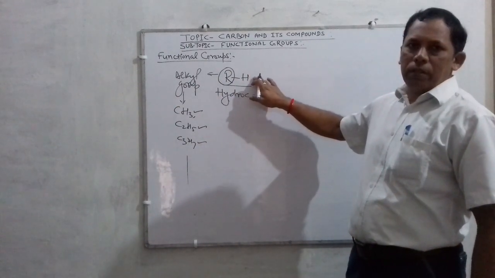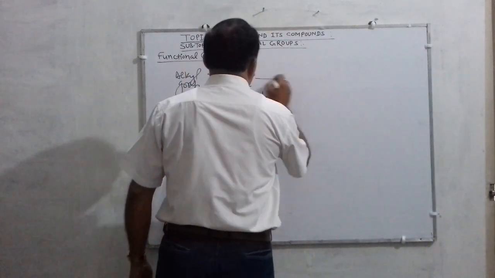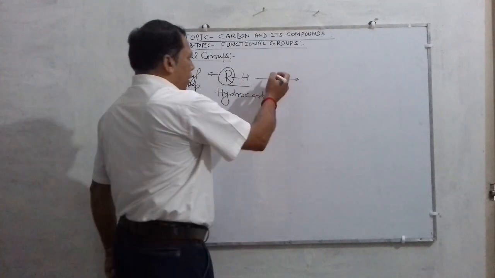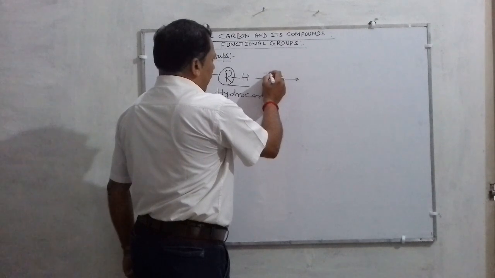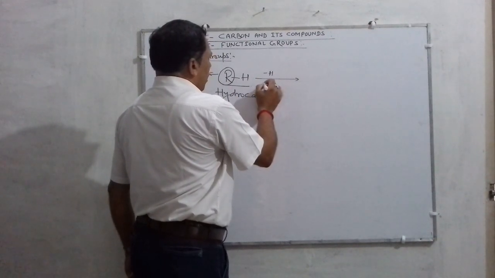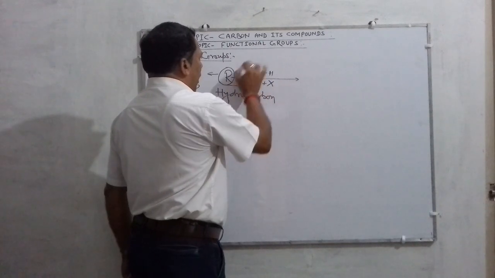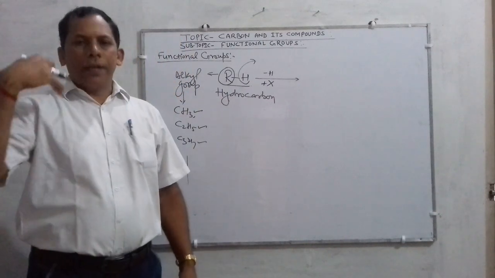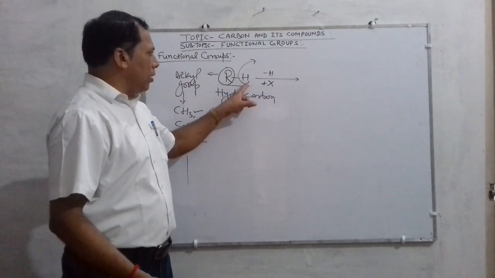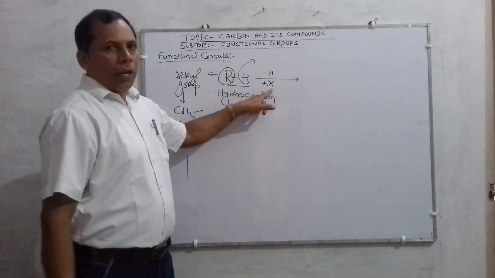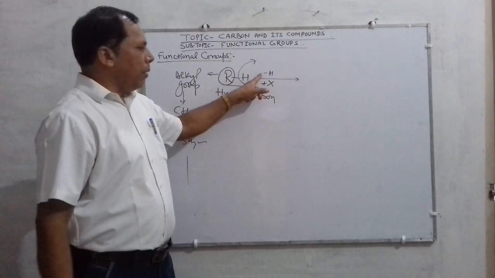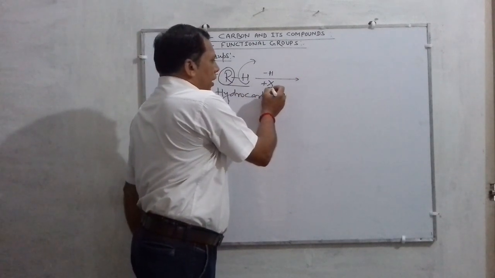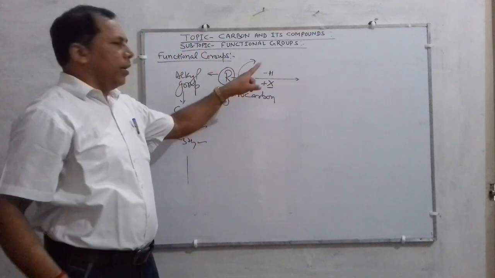Suppose I am replacing the H of the hydrocarbon RH by a particular atom or group of atoms. Suppose I am replacing this H by a particular atom X. The minus sign means that the hydrogen is going to be replaced, and the plus sign means this atom is going to replace that hydrogen.